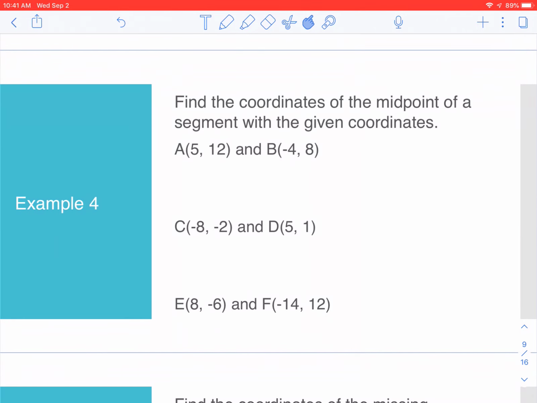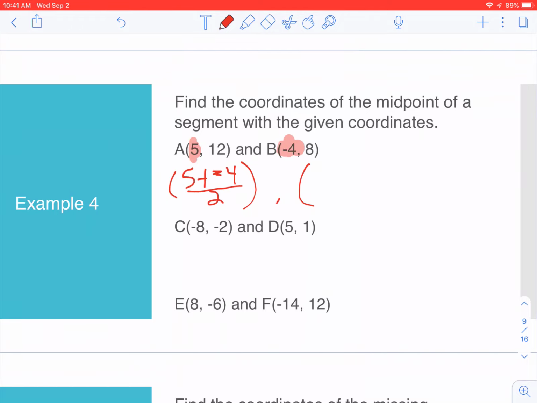Find the coordinates of the midpoint. We're going to take 5 and negative 4 first. My first point is 5 plus negative 4 divided by 2.